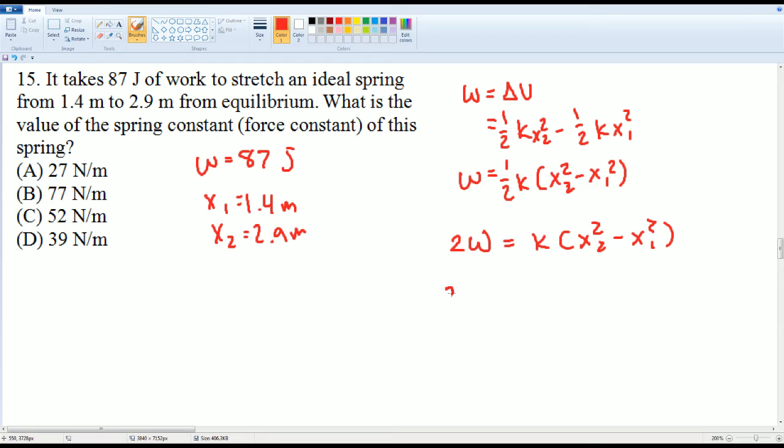Divide that over, so k equals 2 times the work divided by the change in the squares. So 2 times the work is 87, divide that by 1.5 squared, and that gets you the answer of 77.